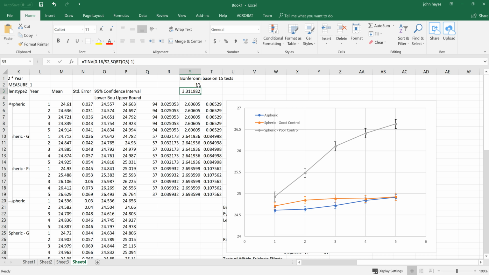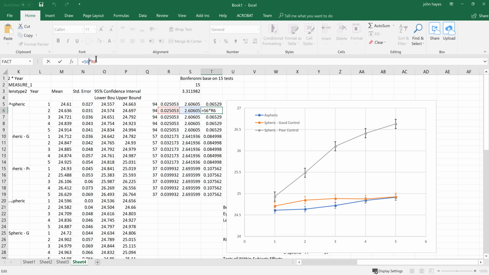And for this example, I use the degrees of freedom of 94, but as we go down, we use it for each of the ones. So I have made this correction, the 0.16 divided by the 15 and n-1. So these are all the t values.